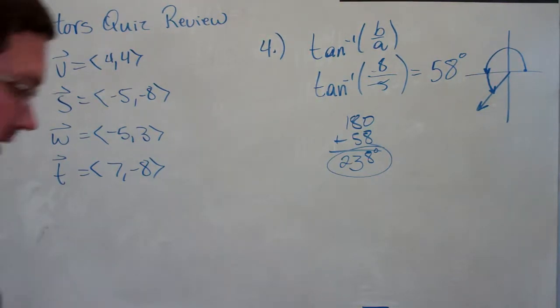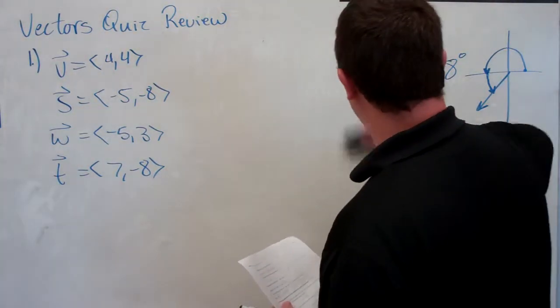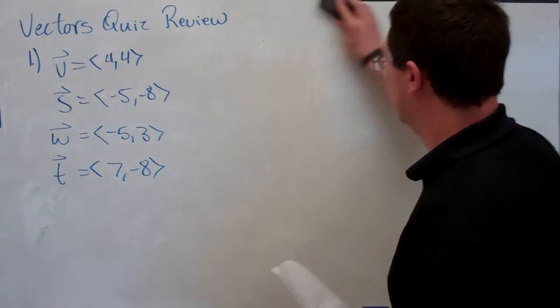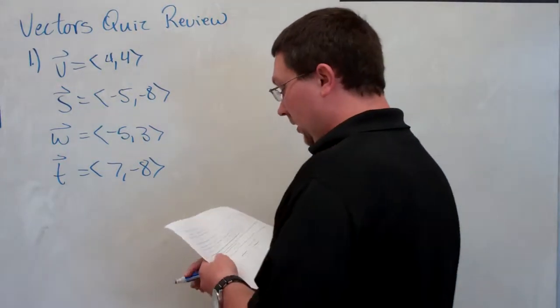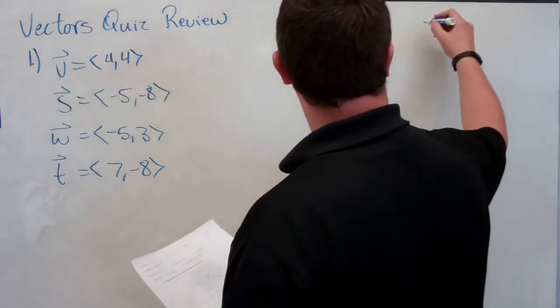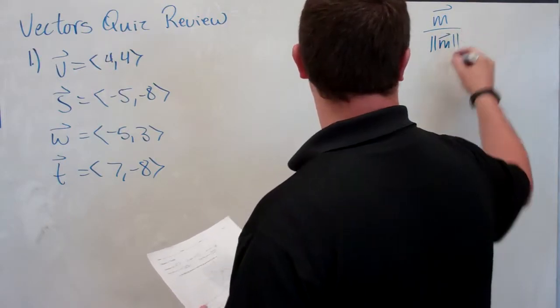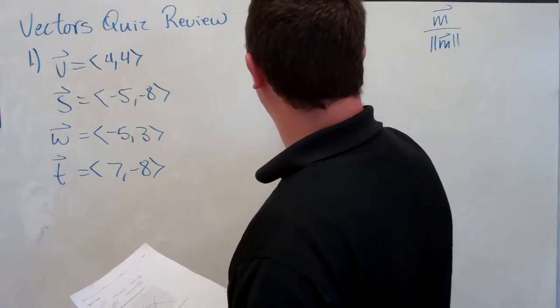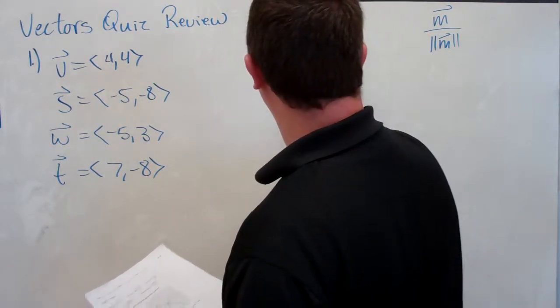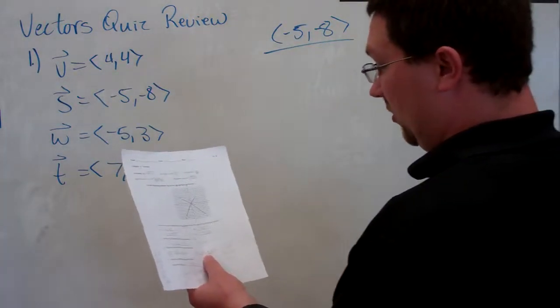Alright. On the back, number 5. Number 5 wants the unit vector version of S. Remember, your unit vector, if you look at the front, is simply your vector divided by the magnitude of your vector. So we're going to take -5, -8. We're going to divide it by its magnitude, which we already found is the square root of 89.